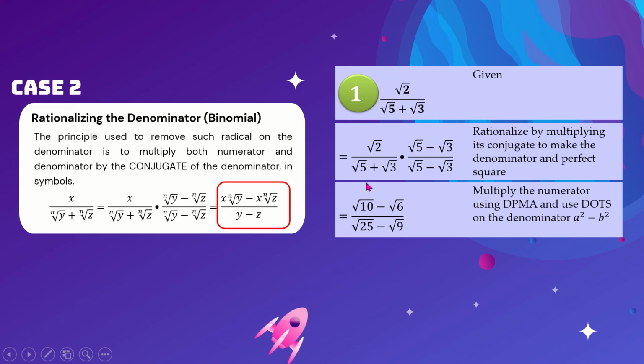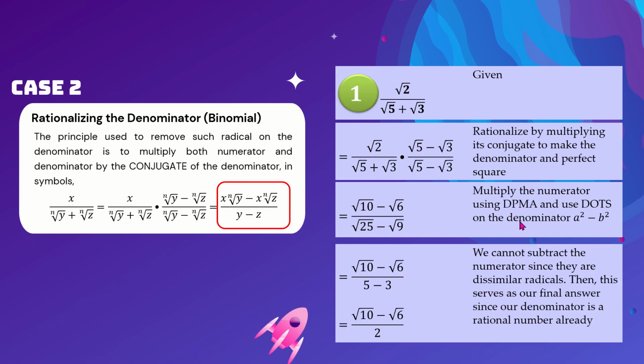The square of the first term, 5 times 5, is 25. The square of the second term, 3 times 3, is 9. So, the square root of 25 minus the square root of 9. The numerator is the square root of 10 minus the square root of 6.